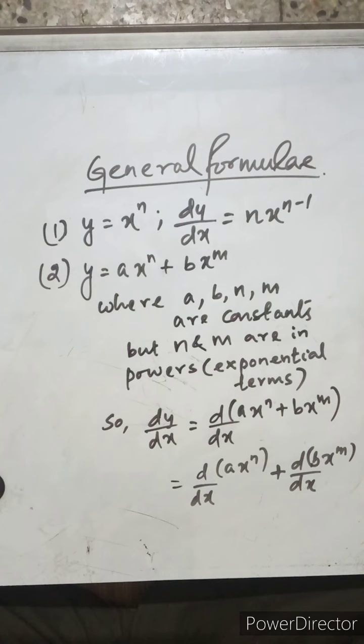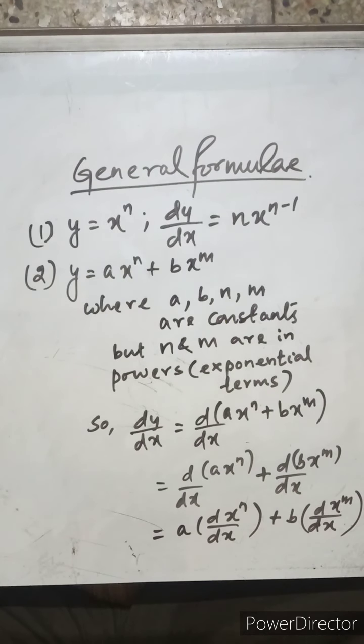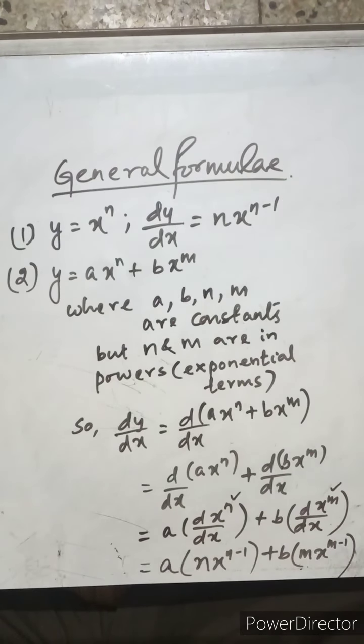So this is equal to dy by dx of the entire thing that I have taken in the bracket. I separate them, that is d by dx acts on them individually: d by dx of a x to the power n plus d by dx of b x to the power m. Now the constant terms a and b, because they are multiplied, go outside, whereas the other constant terms, that is n and m, because they remain in power, they are exponents, so they remain as such, they cannot be taken outside.